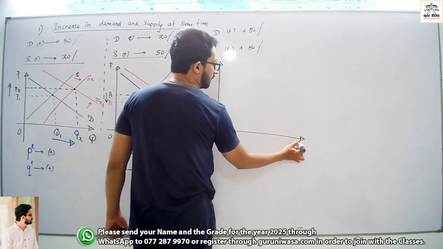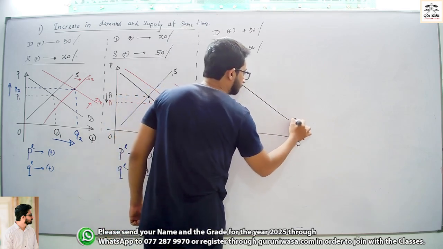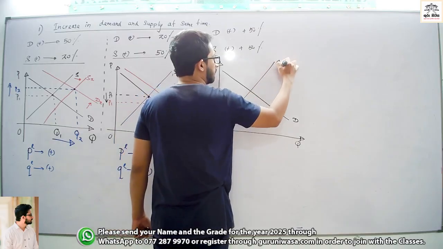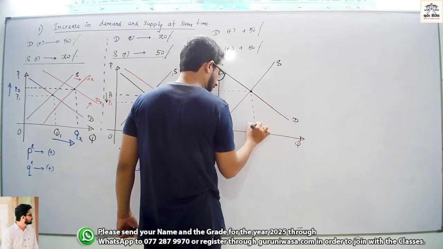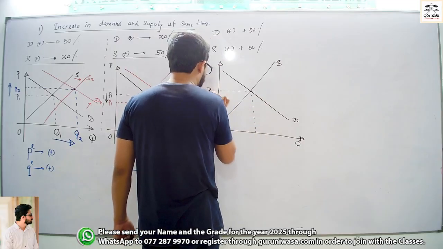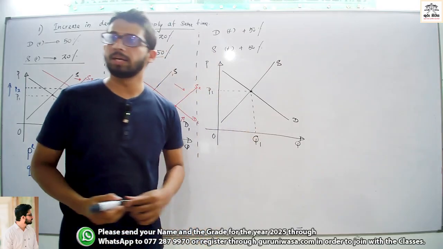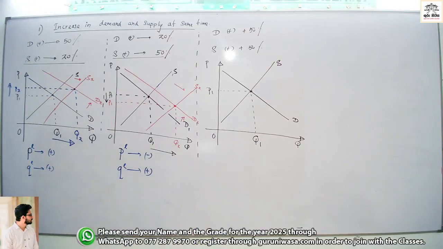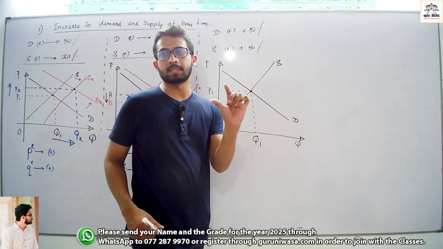Price, quantity, 0. Demand curve, supply curve. Equilibrium P1 and Q1. Now demand increases and supply also increases. Both curves shift to the right side by an equal distance, Lamai.